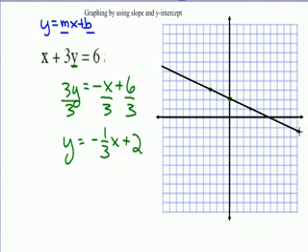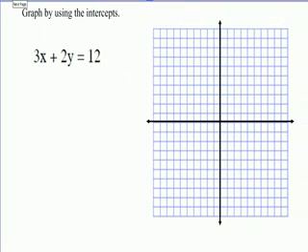Not too bad, right about there. And once again, arrows should be going both ways because solutions go forever in both directions here. So remember, when we're graphing a line, we're graphing all the possible solutions. And there it is. So there's all the solutions for that equation.